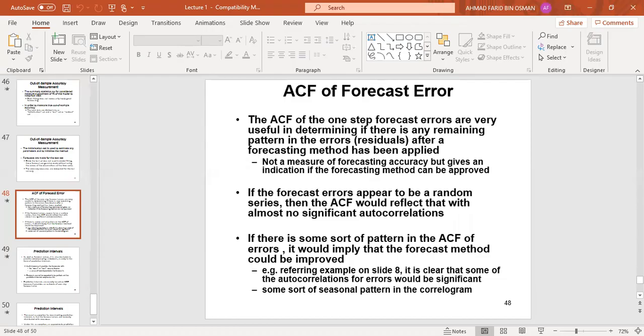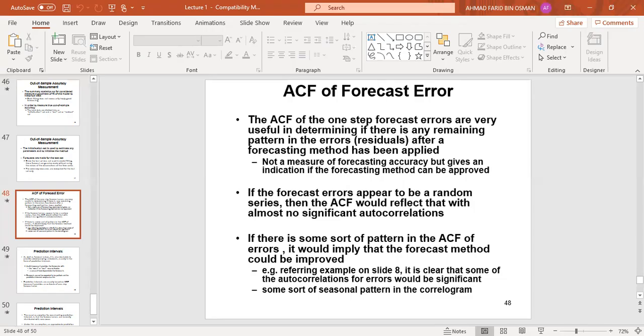You remember, for those who already learned applied econometrics, after you estimate the model, you need to perform diagnostic checking on the residuals, because the residual is the estimate of the error term of the model. You need to make sure that there is no relationship between the current error and the previous errors. So you need to make sure that there is no autocorrelation problem.